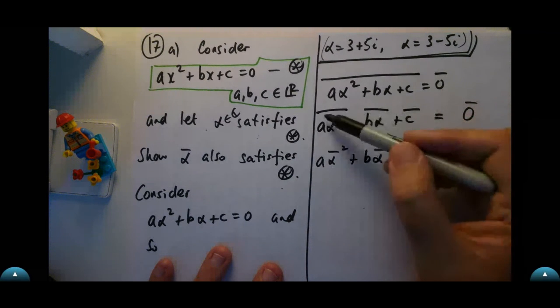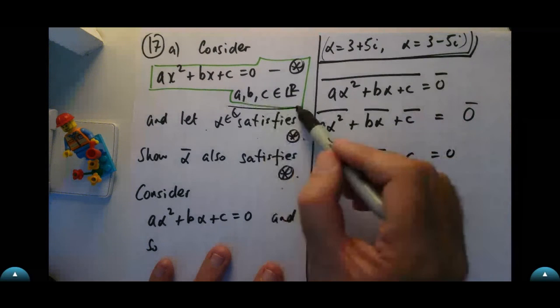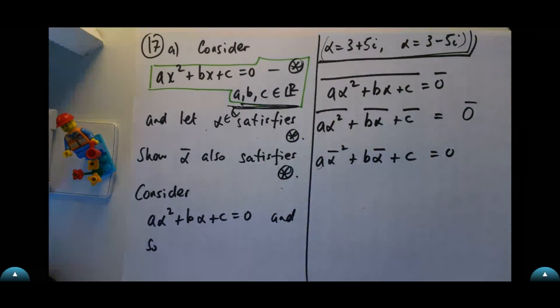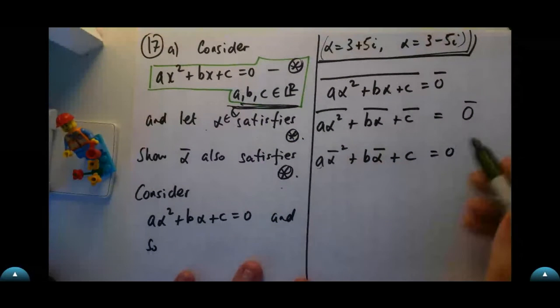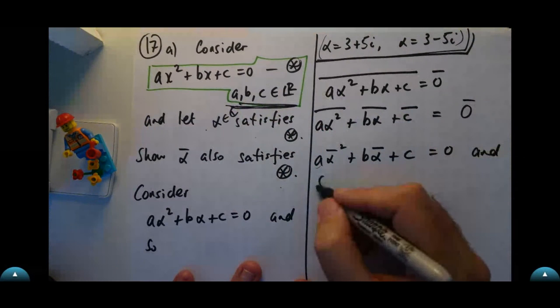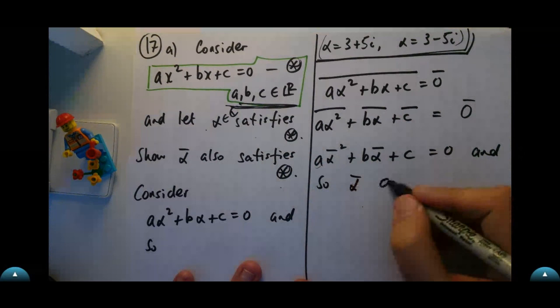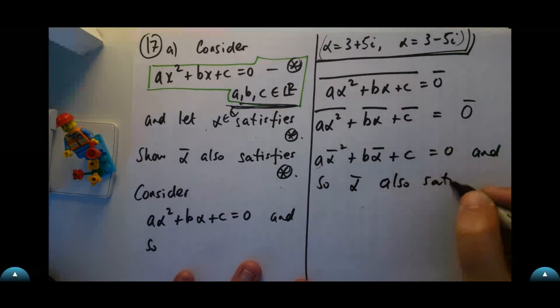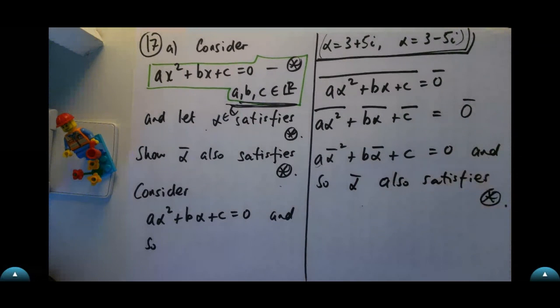The conjugate of B is just itself. The conjugate of A is just itself. Why? Because they're real numbers. So what does this tell you? It tells you that the conjugate must satisfy star. So that wasn't too hard at all.